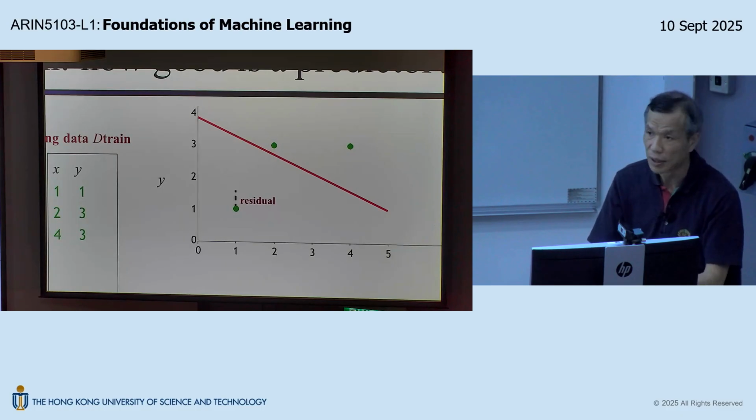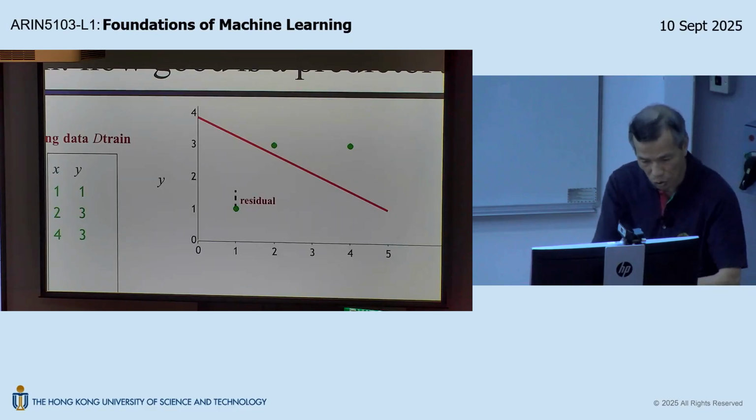So we have to measure how good or how bad it is. The loss function measures how bad it is. It is good if it can, for example, pass through all the green dots. However, this is bad.